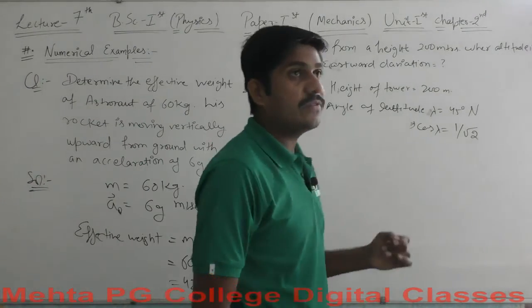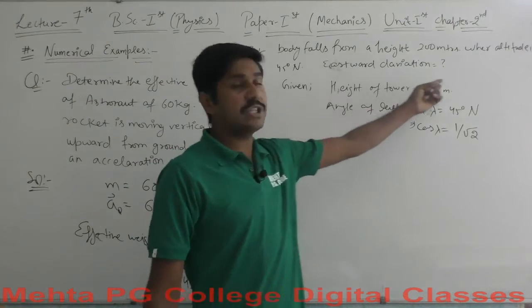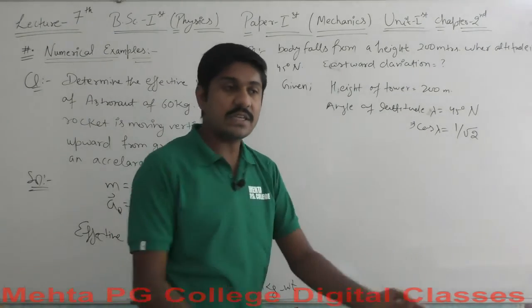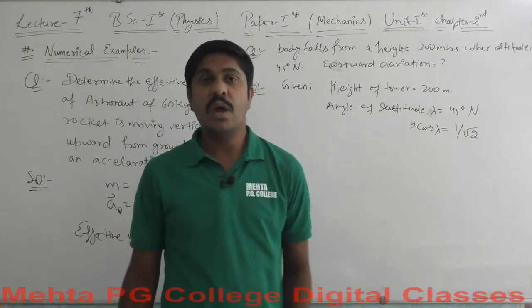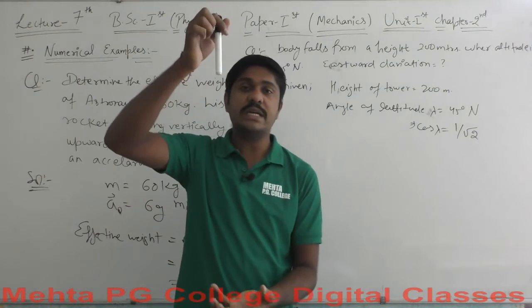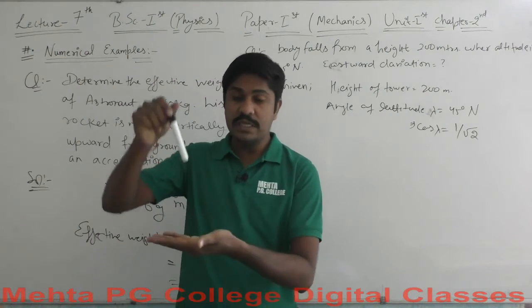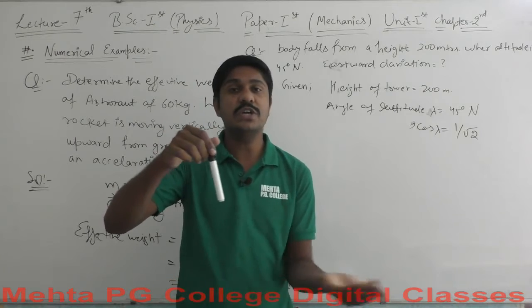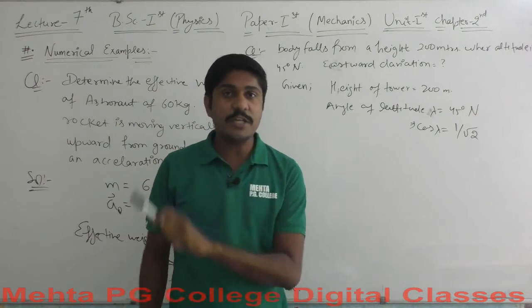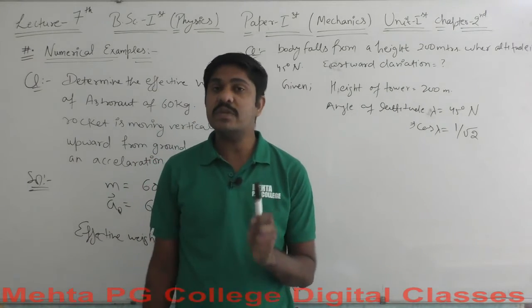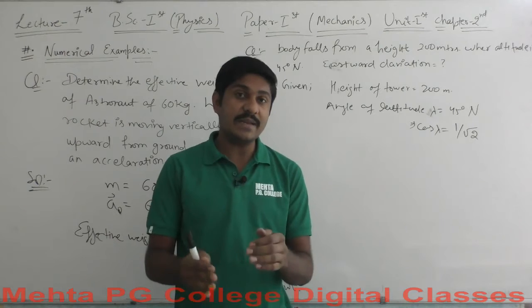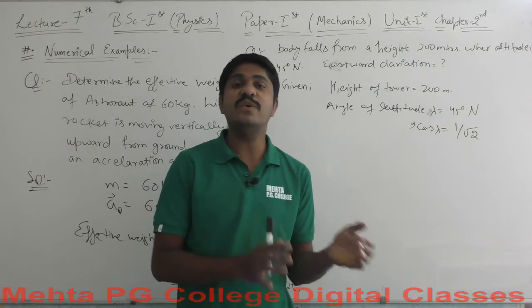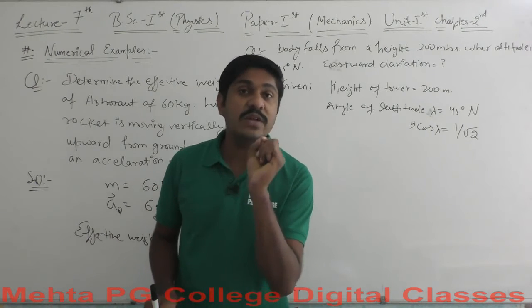Now we are going to talk about the eastward deviation. Why does every falling body get a deviation? That is all because the Earth keeps on rotating. Every rotation has an associated term, the angular velocity.